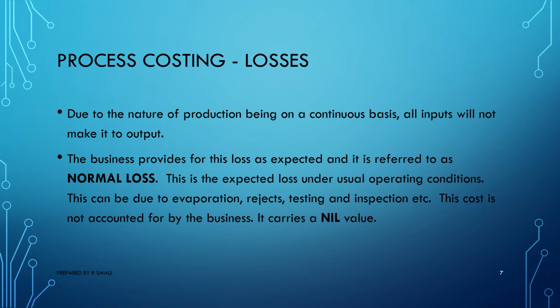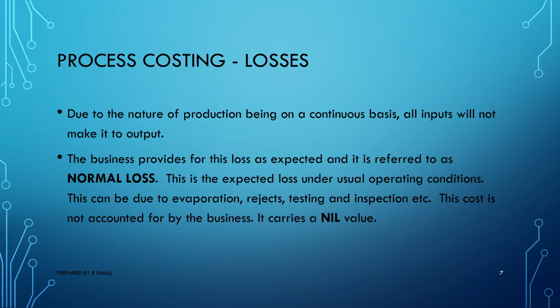Due to the nature of production being on a continuous basis, as I stated previously, all of your inputs will not make it to the output stage. All the material that you put in will not make it to output. There are going to be some losses along the way of that material.